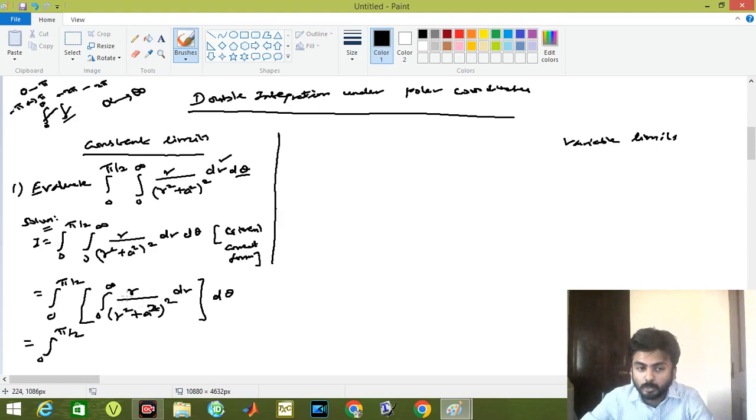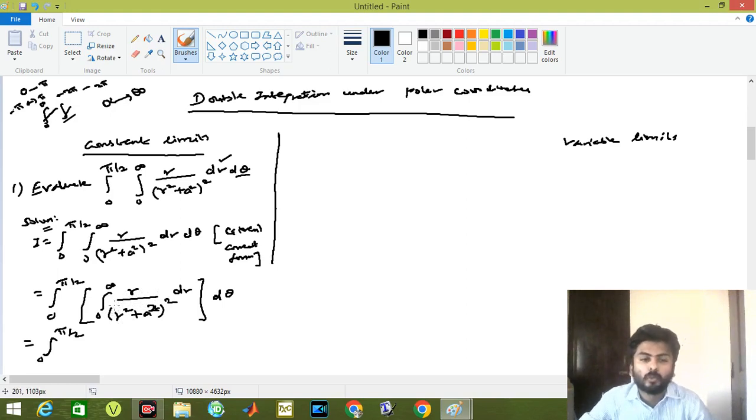If I am able to have 2r dr, I can simply replace the numerator with the derivative of r square. Am I right?